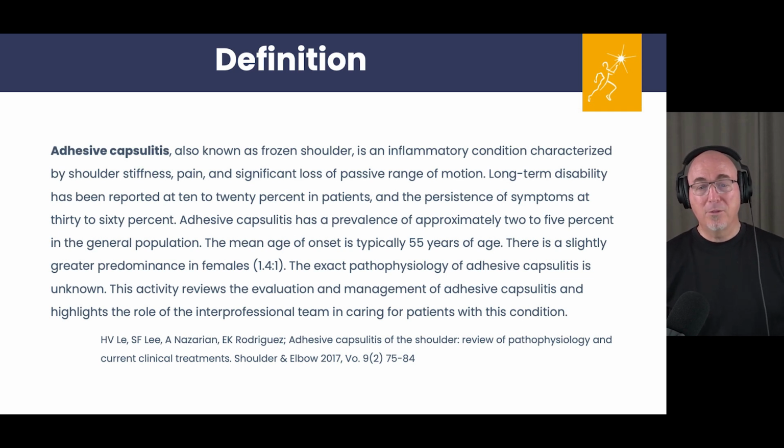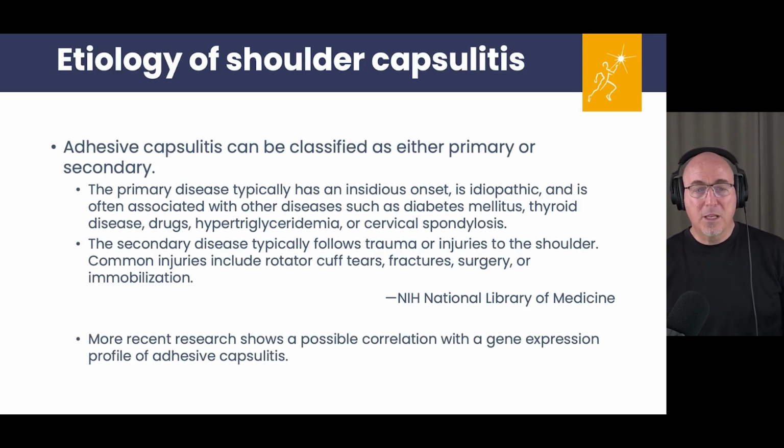And the exact pathophysiology of adhesive capsulitis really is unknown, but there are some categories of it. So adhesive capsulitis can be classified as either primary or secondary. Now, the primary one is the one that we really struggle to understand, but it's a disease typically that has an insidious onset. What that means is that there was no accident, there was no trauma necessarily that caused it to come on.